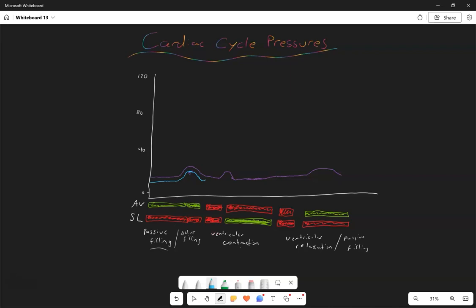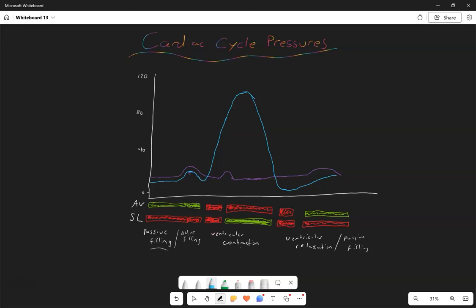Then during the ventricular contraction phase, you see a major rise in pressure, it maxes out in the middle of that contraction, and then it starts to fall. It dips to its lowest point during isovolumetric relaxation. Then as it relaxes and fills with blood again during passive filling, it rises back up.